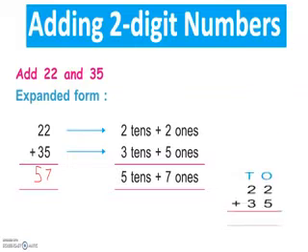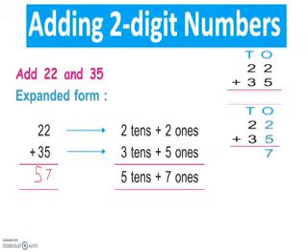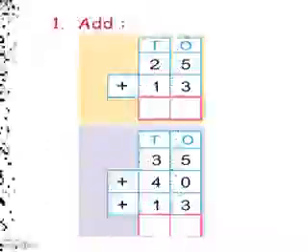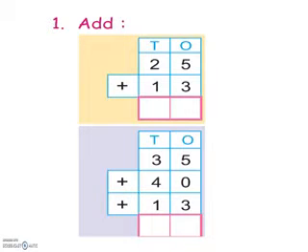We can do it like this also. Here 22 plus 35. First we have to add ones place digits. We will get 7. And then you have to add tens place digits 2 and 3 to get 57. So our answer is 57. Similarly, we can do some more examples.